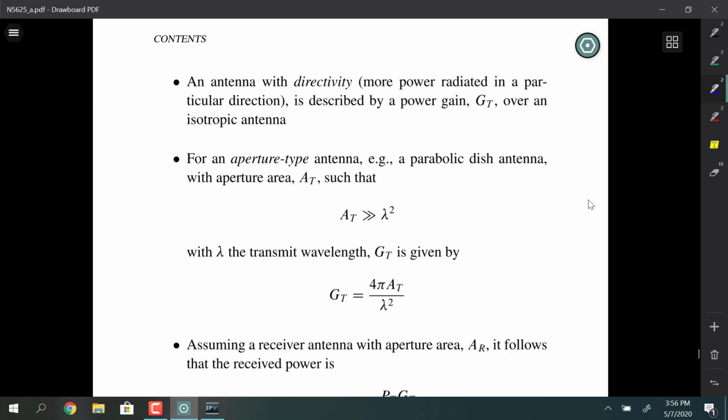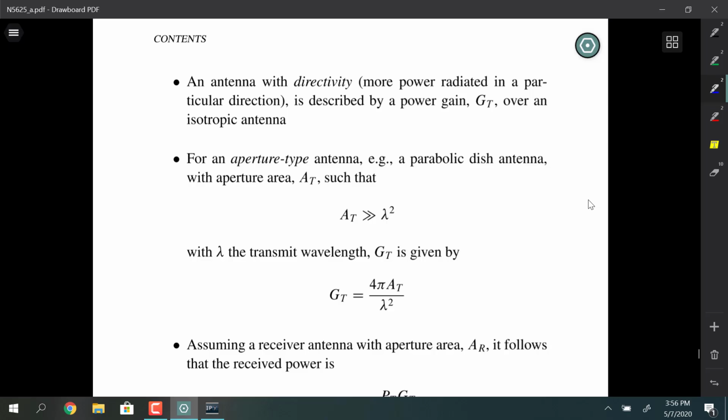An example of a directivity type of antenna is an aperture antenna, like a parabolic dish. We generally don't have these on our devices except for satellite receivers, where we usually see the parabolic dish, something that has an aperture that gives us an effective area that gives us quite a bit of gain over the isotropic.